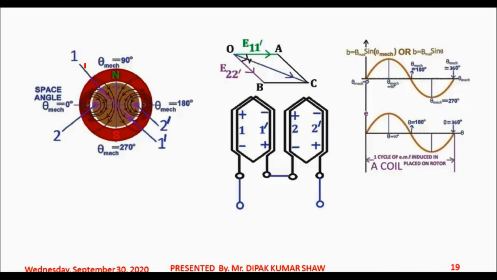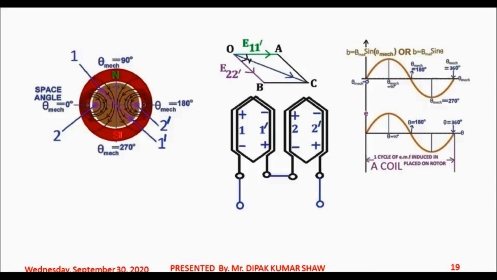let's say that if coil side 1 is under the center of the north pole and coil side 1 dash is under the center of the south pole, then EMF induced in coil 1 1 dash is maximum. But again, you will find that if coil side 1 dash is under the center of north pole and coil side 1 is under the center of south pole, that will also imply EMF induced is maximum.